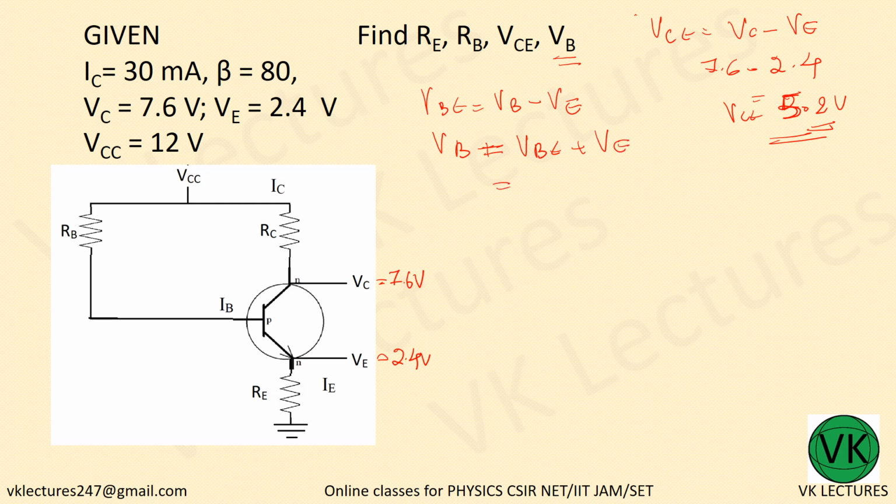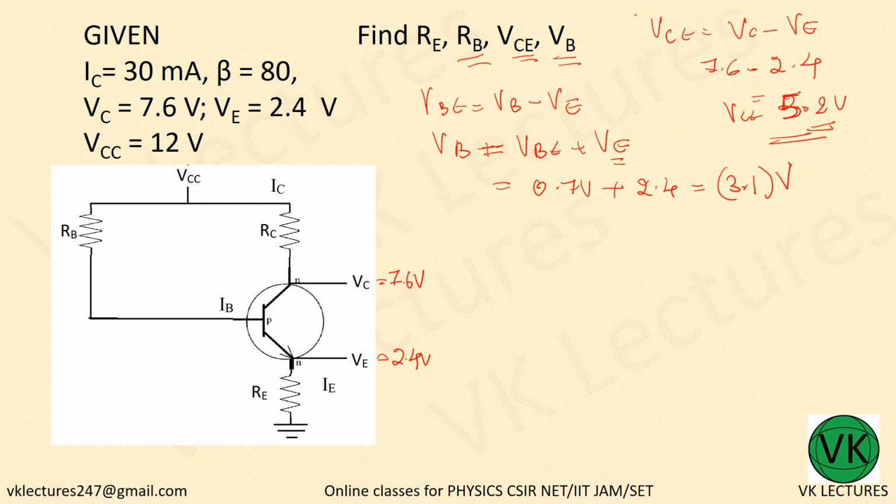Now what is VBE? 0.7 volt plus what is VE? VE is given to be 2.4 volt. So that's equal to 3.1 volt. That is VB. So VCE also we got.